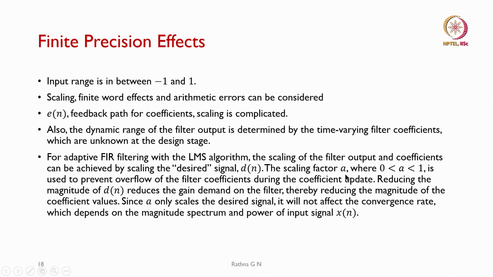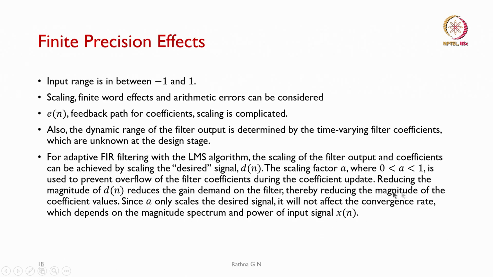The scaling factor A, which is between 0 and 1, is used to prevent overflow of the filter coefficients during the coefficient update. Reducing the magnitude of d of n reduces the gain demand on the filter, thereby reducing the magnitude of the coefficient values. Since A only scales the desired signal, it is not going to affect the convergence rate, which depends on the magnitude spectrum and power of the input signal, that is x of n.